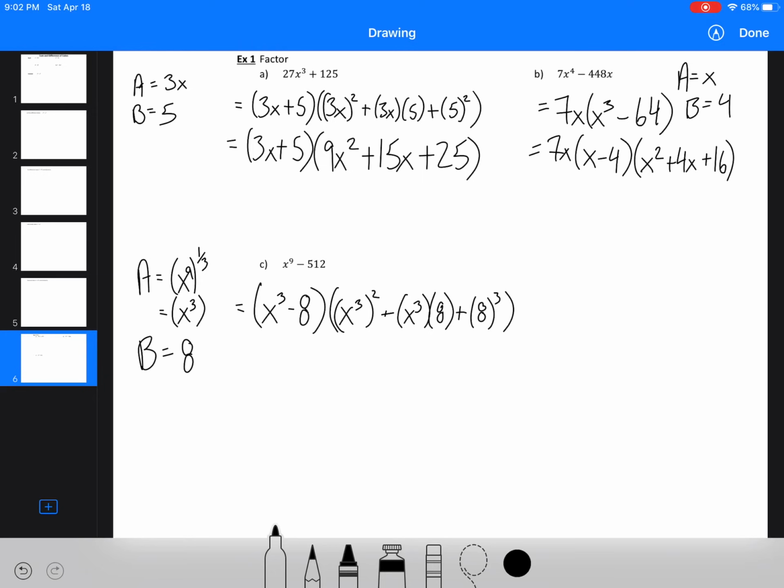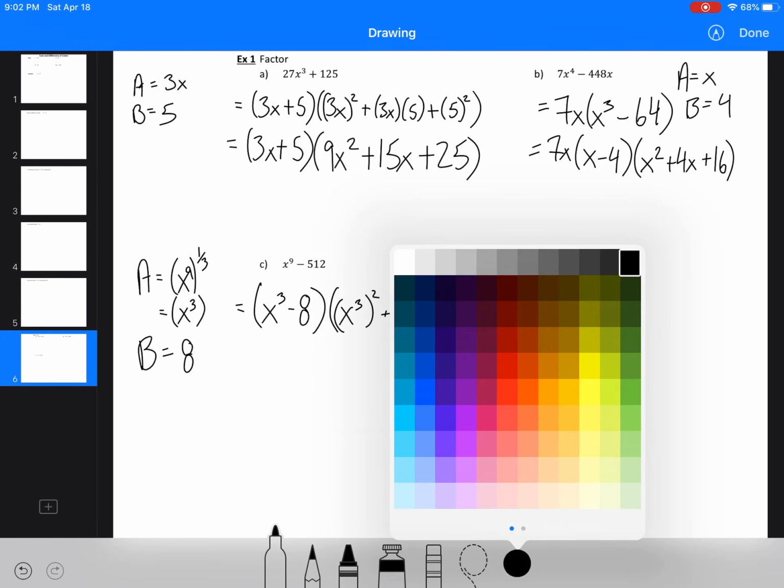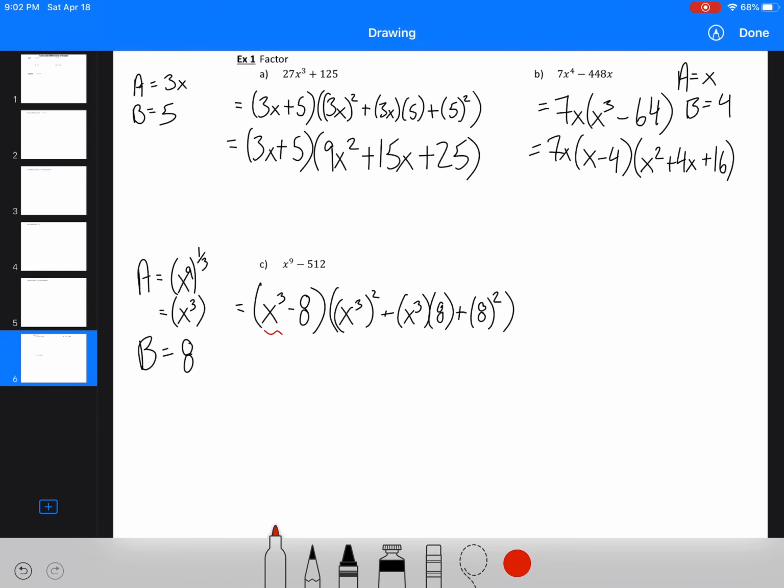Now that second bracket's going to work itself out. We're going to multiply everything together and figure out what our values are. But the first bracket, that's not a cubed at the end there, that's a squared. The first bracket is what we actually have to look at, because we have another difference of cubes right here.